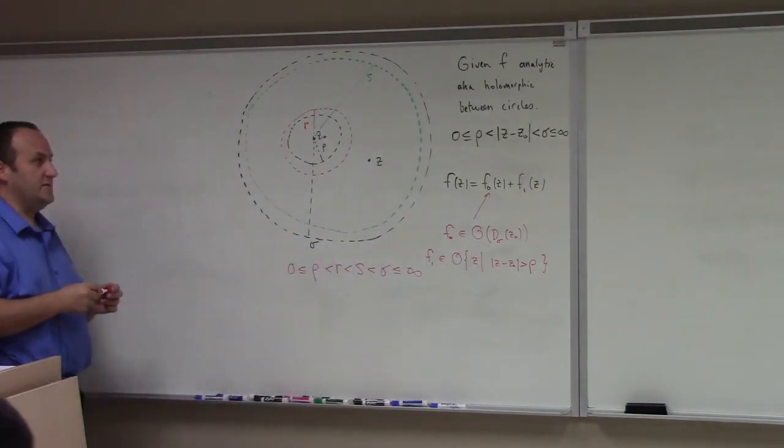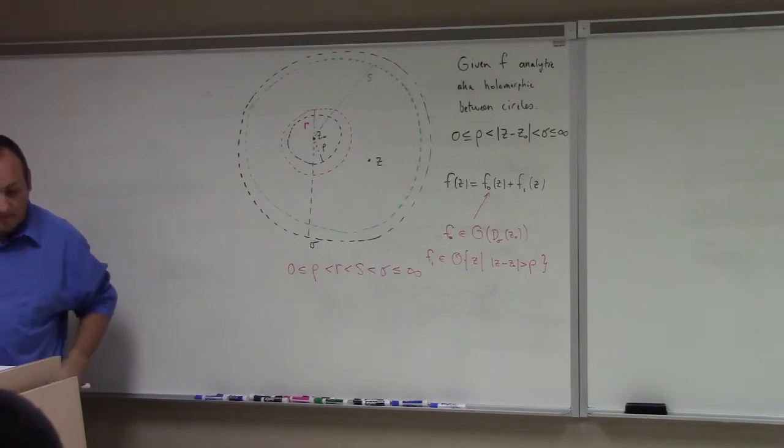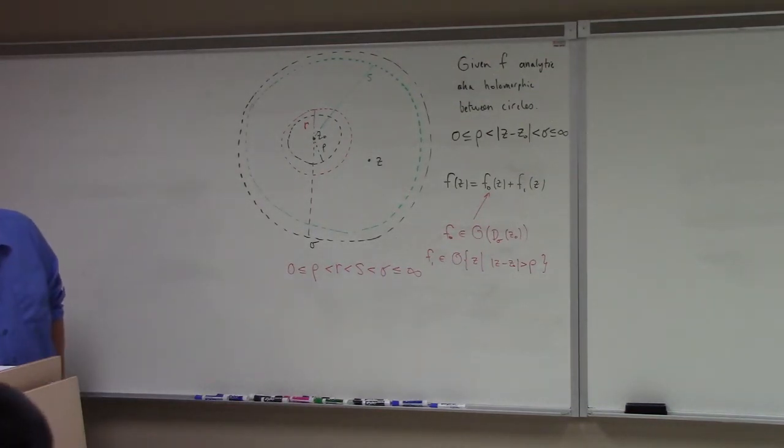So the point is to find a subannulus, an annulus inside the annulus. My claim is that we can apply Cauchy's integral formula on this subannulus.